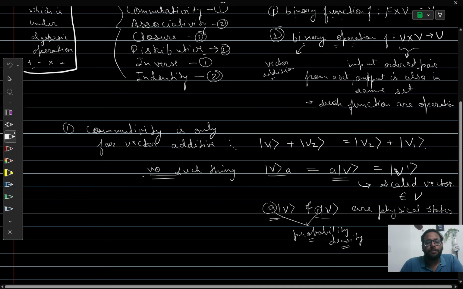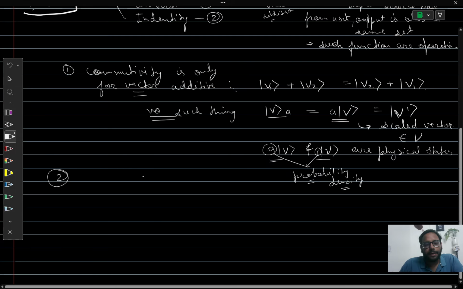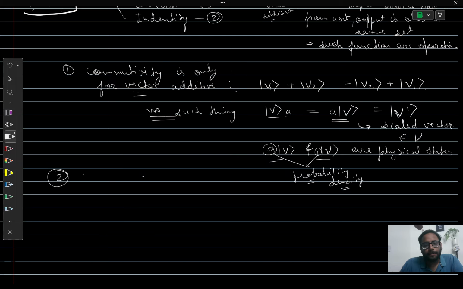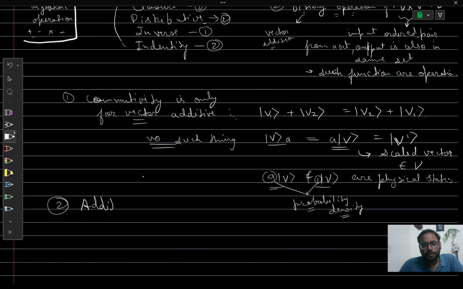It only applies for vector addition. And secondly, there is only the additive inverse.